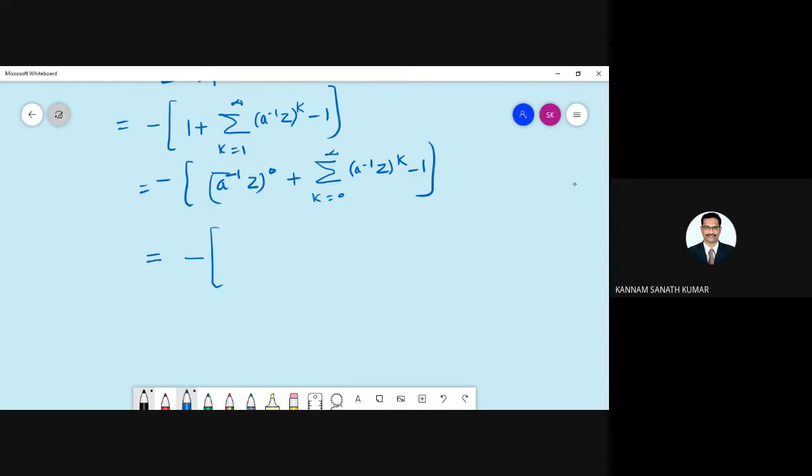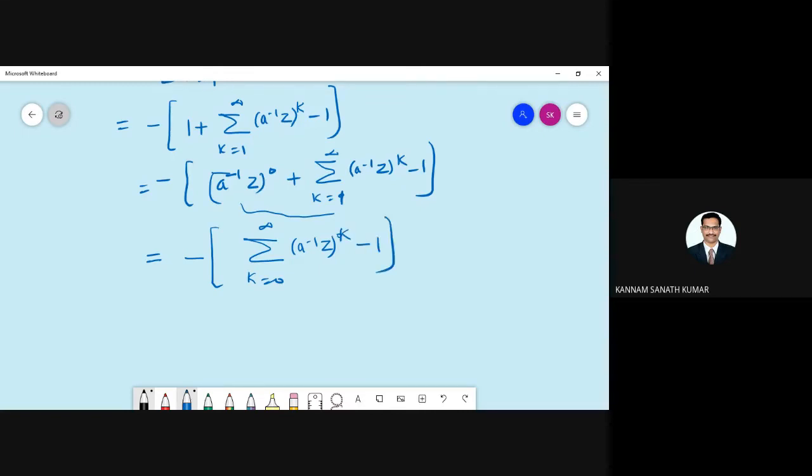So that means if you combine these two equations, you are getting summation k equal to 0 to infinity a power minus 1 z whole power k. Okay.